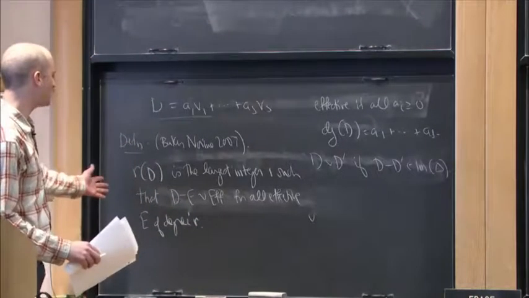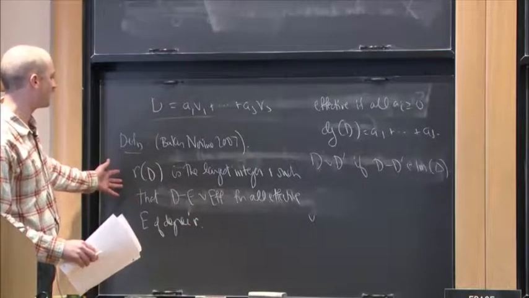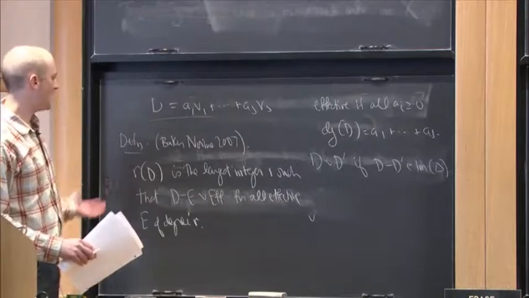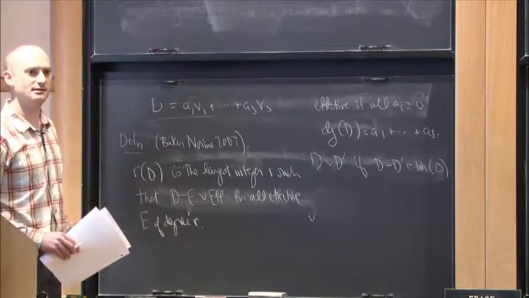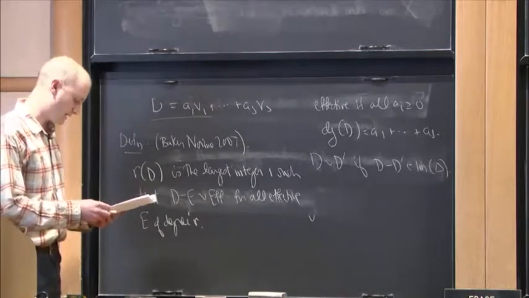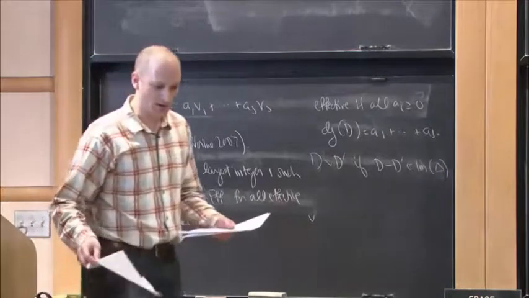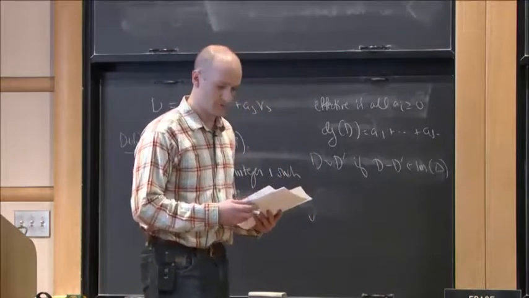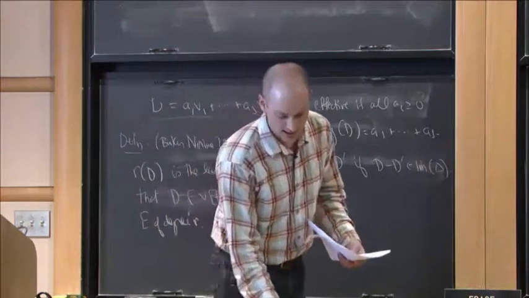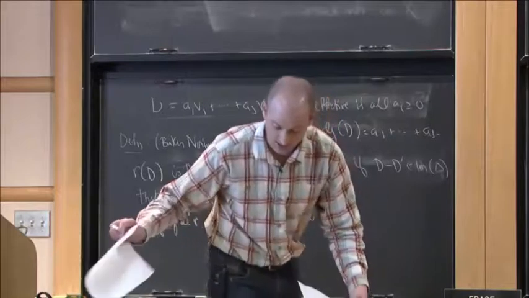So there's an equivalent characterization of rank for divisors on algebraic curves. And this is the characterization that seems to work well on graphs. There are other definitions of ranks of divisors on graphs, but this is the one that so far has all of the applications.